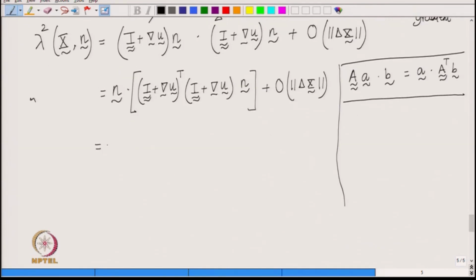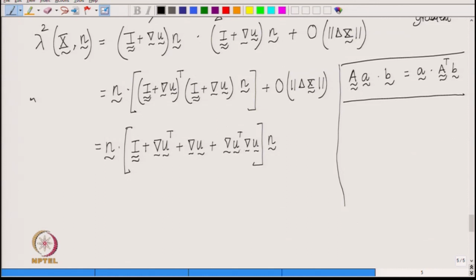and let us expand this now. So, this is n dot identity plus gradient of u transpose plus gradient of u plus gradient of u transpose into gradient of u, and this whole thing has to be dotted with n.